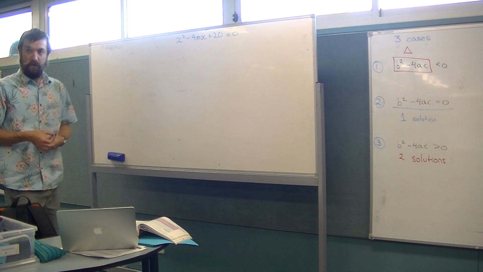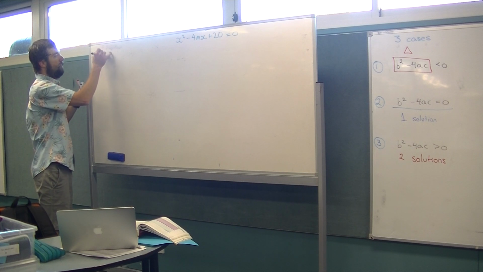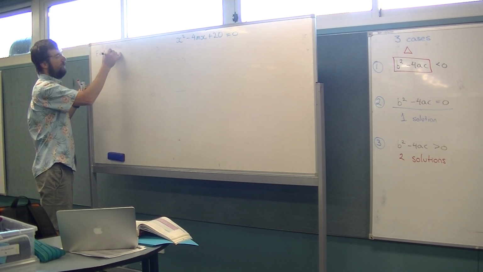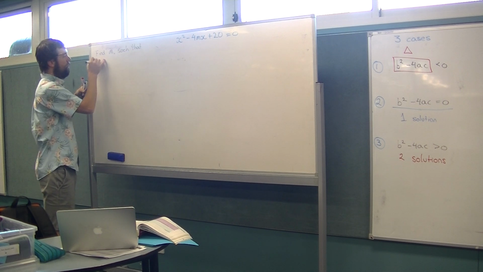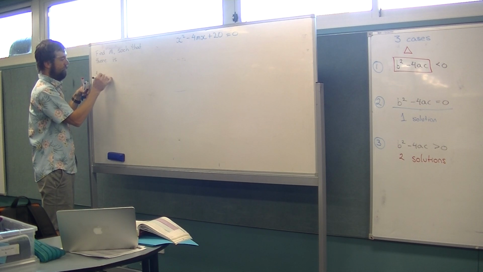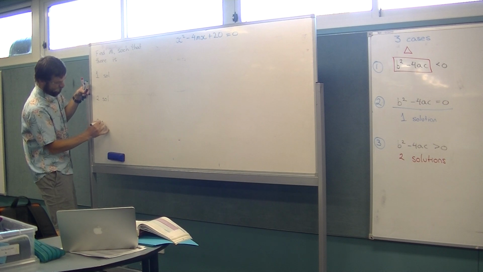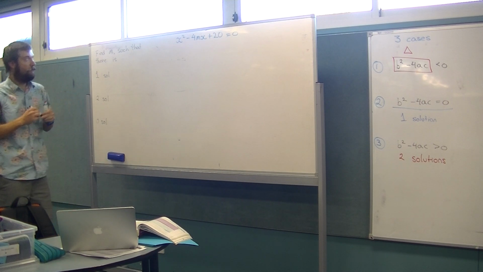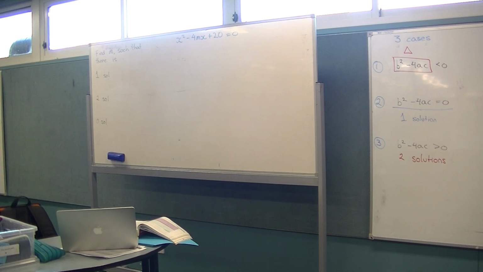Can you add the question? Yep. So it says find m such that there is one solution, two solutions, or no solutions.